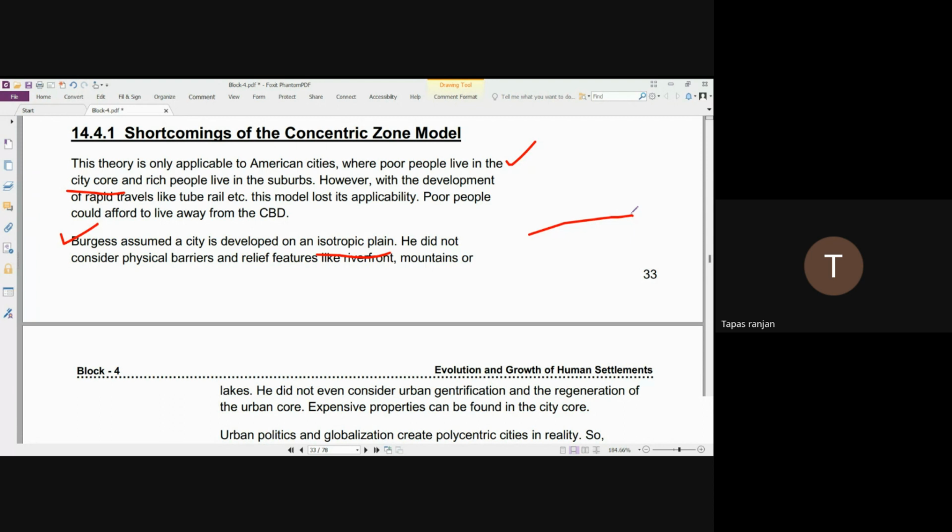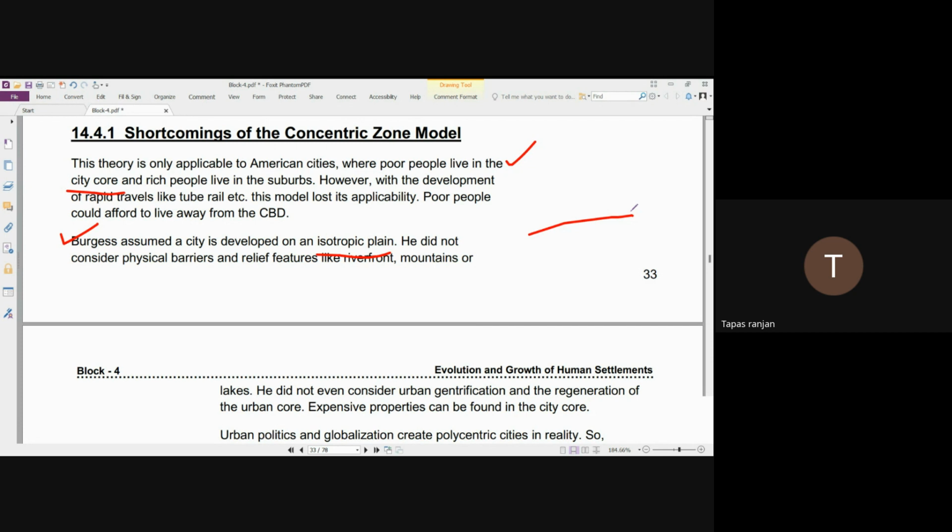Different physiographic features are seen there. Take the example of Bhubaneswar as a city in Odisha. You have the Khandagiri and Udayagiri caves. You have different mountains of the Eastern Ghats bordering the Bhubaneswar area.